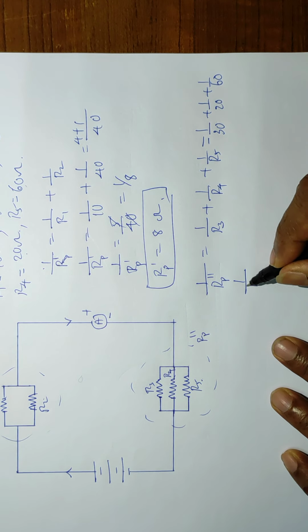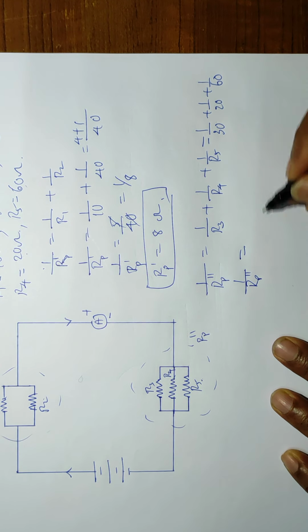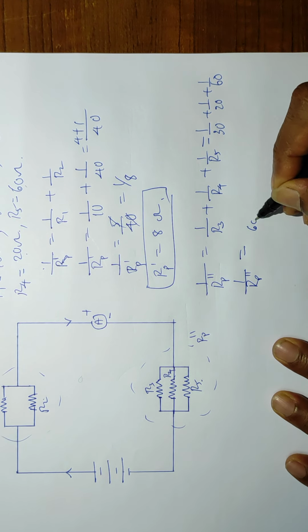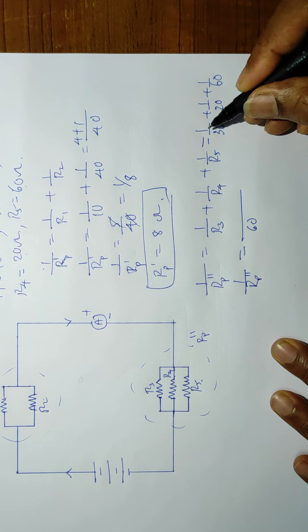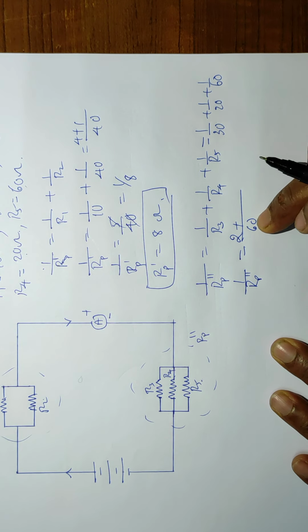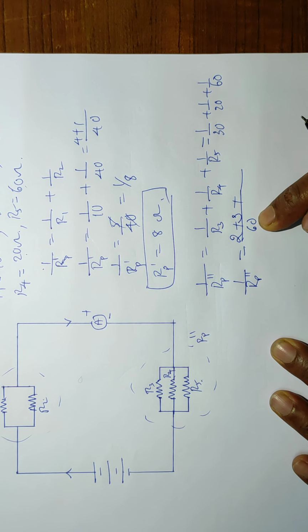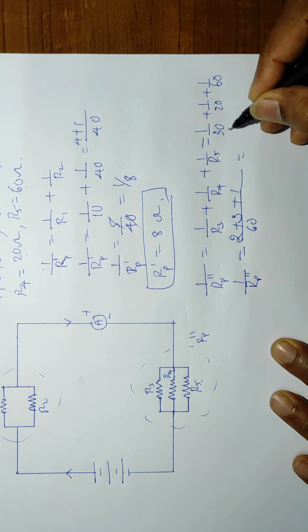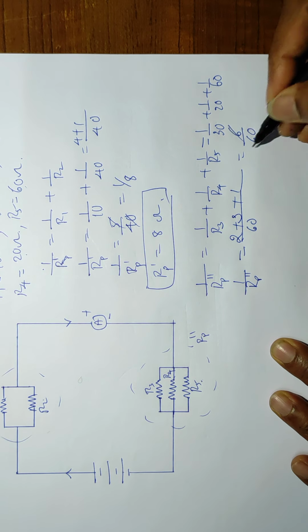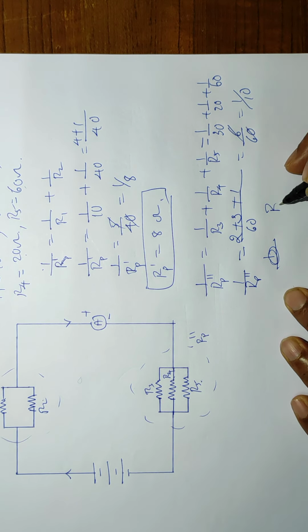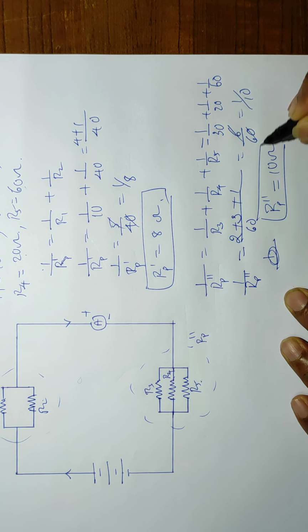Here the LCM you have to take is 60. 30 2s are 60, so 2 into 1 is 2, 20 3s are 60, so 3 into 1 is 3, plus 60 1s are 60, so 1 into 1 is 1. You will get 6 by 60. On simplifying, you will get 1 by 10. So on taking the reciprocal on both the sides, Rp double dash is equal to 10 ohm.